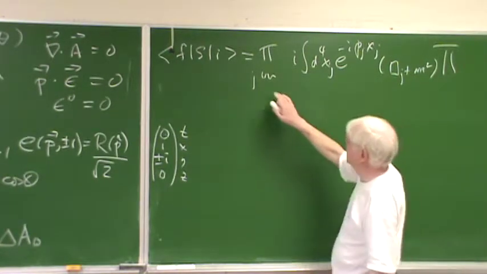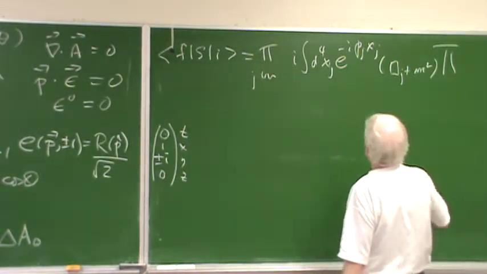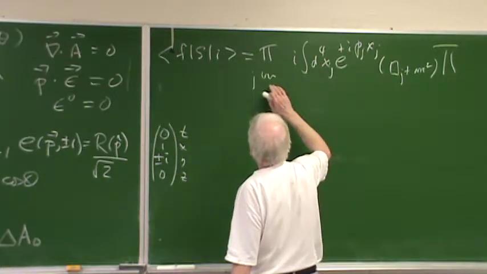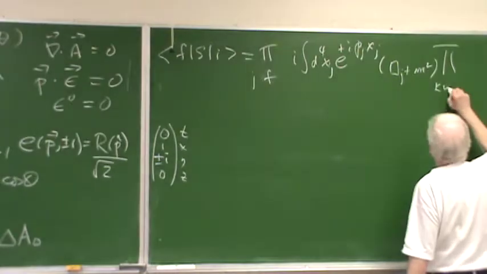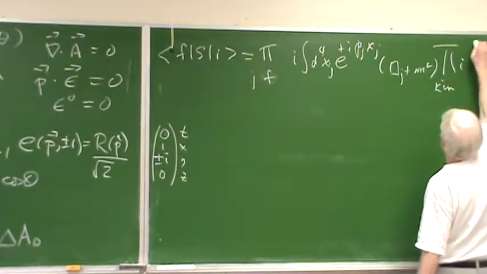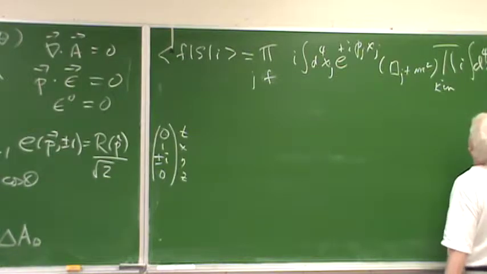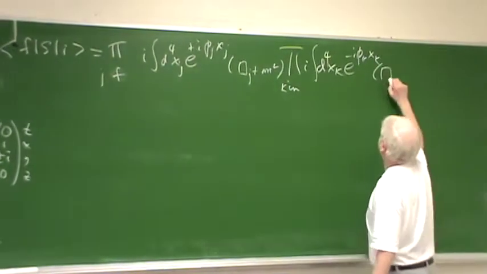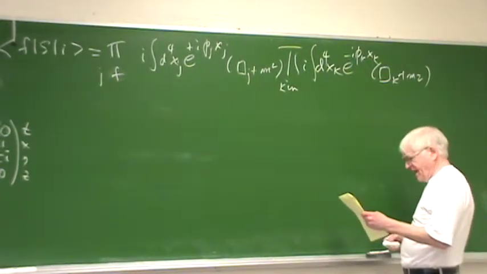In fact, it would have made more sense to put the final states on the left. All right, let me do that. Final states on the left, and then I change that to a plus. Initial states here. Okay, so there's all of that.